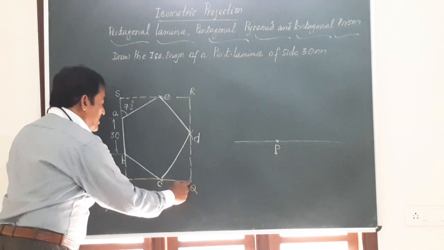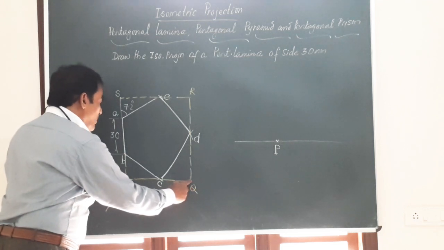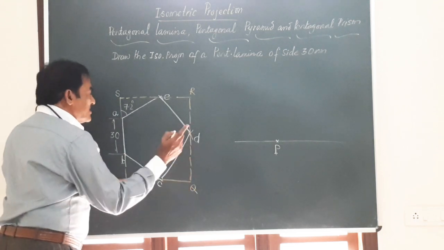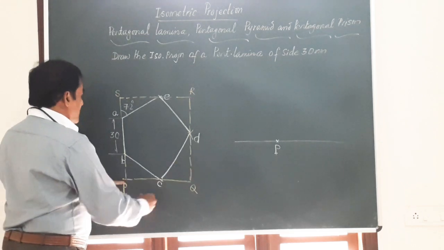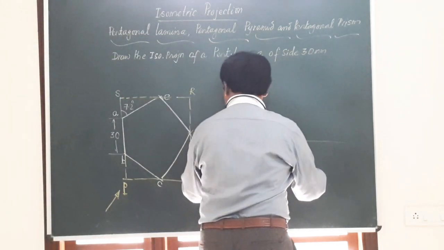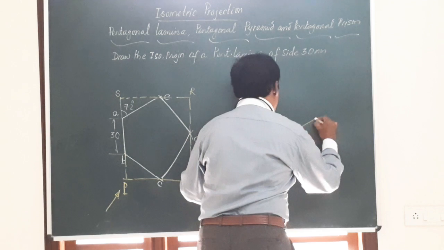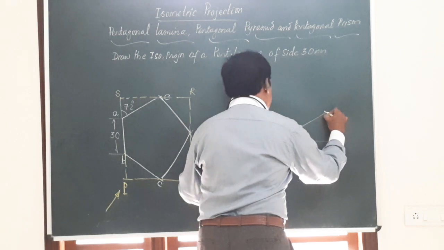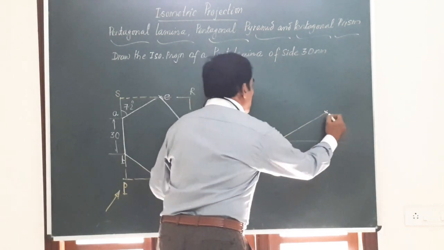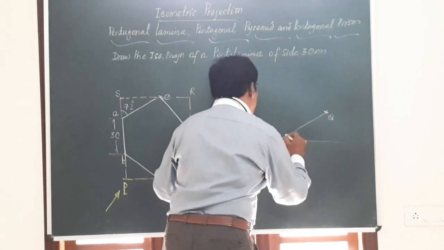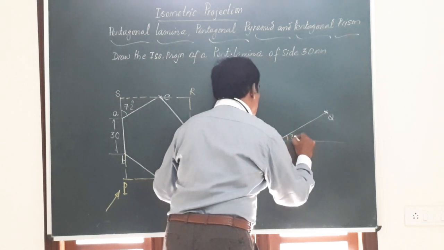Whatever the length you got, convert that to isometric length by using the isometric scale and draw this line at an angle of 30 degrees. Say this is the length we cut and we can call this Q, which is at an angle of 30 degrees to the horizontal.